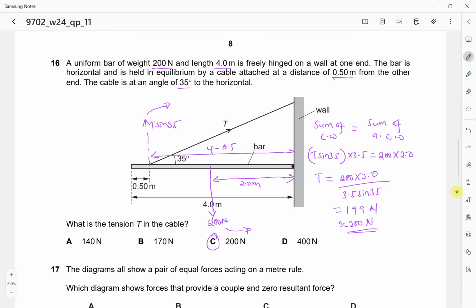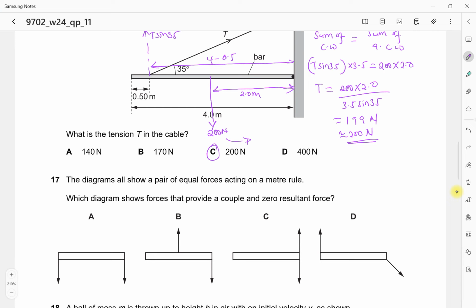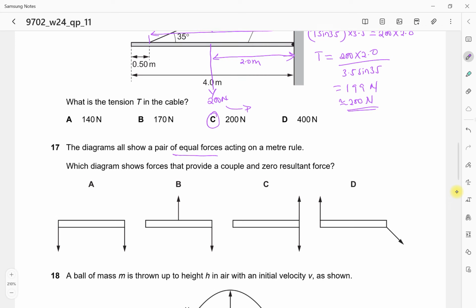The diagrams all show a pair of equal forces acting on a meter ruler. Which diagram shows forces that provide a couple and zero resultant force? A couple is supposed to be two equal forces.